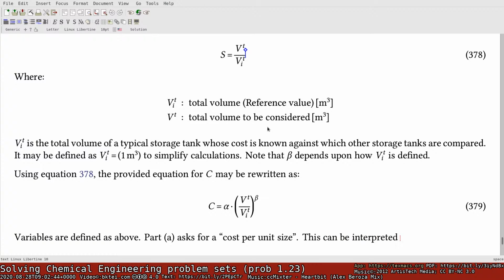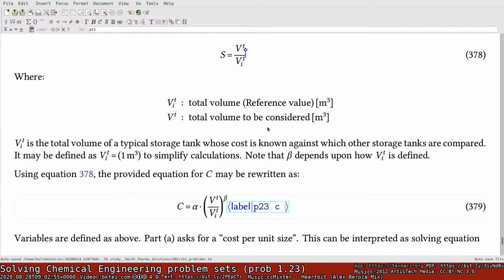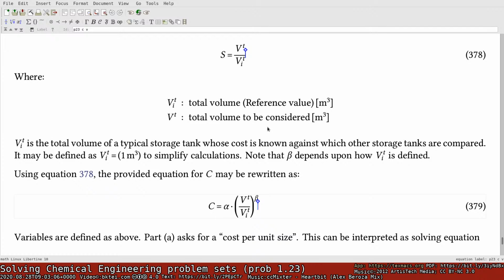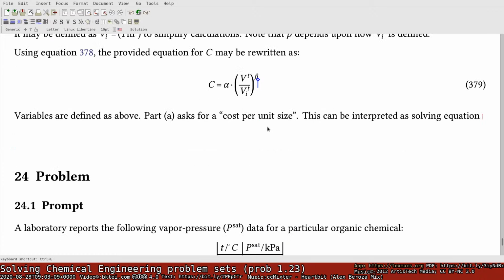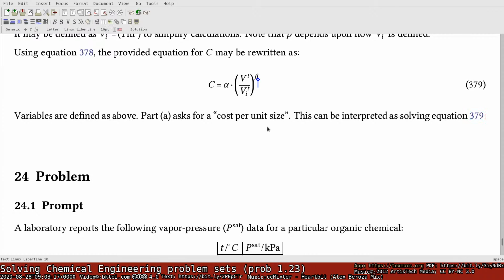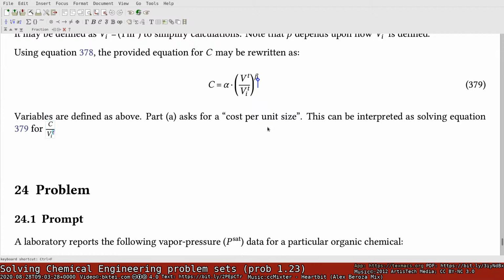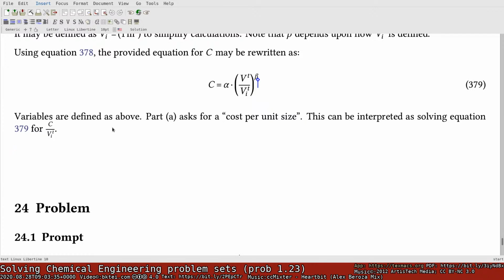This can be interpreted as solving equation 20 CV for C over V sub I superscript T. Let's put this one, problem 23, C. And let's just solve for that and see what it gives us.